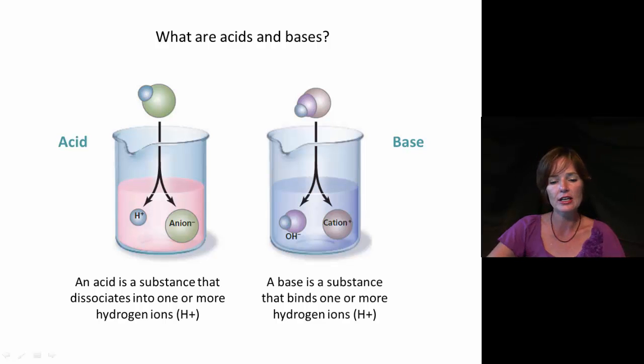A base, on the other hand, is going to be a substance that binds one or more hydrogen ions. So the way that this would happen would be that you have something that has a negative charge to it, the hydroxyl ion there, the OH minus, we can see that, and that is going to bind up, kind of gather those hydrogens that are in the solution. So that's the acids and bases.